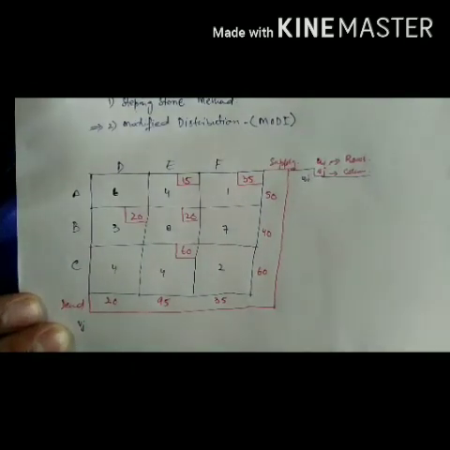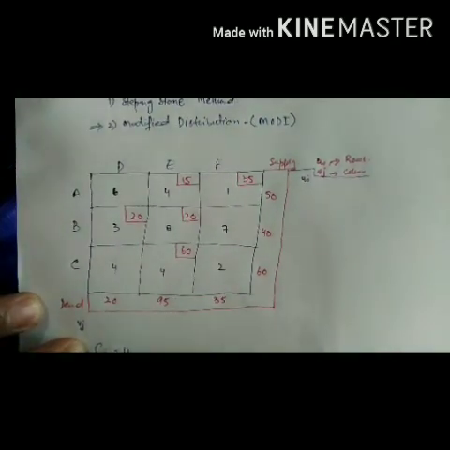What is UI and what is Vj? Simply I have to use a formula that we called simply as, that is our Cij should be equal to UI plus Vj. We know what is Cij.